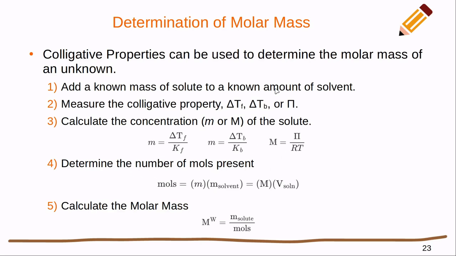Because I put in a known amount of solvent, I can figure out the moles of the solute that I added from these concentrations. All right. And then because I massed out the solute, I know the mass of that solute. I'll divide that by its moles, and I'm able to get its molecular weight. And we can see that molecular weight can be very important, so it's nice to have this method of calculating that.